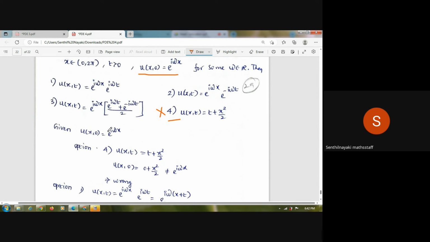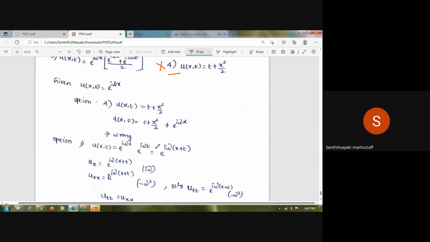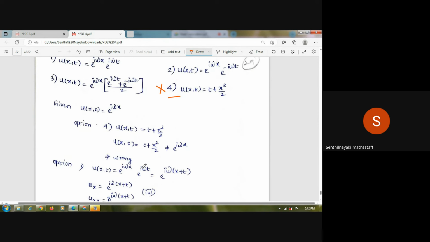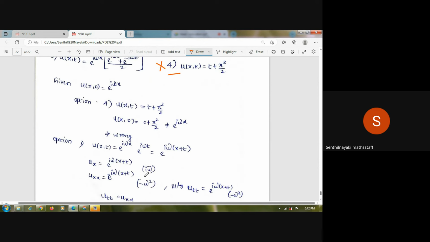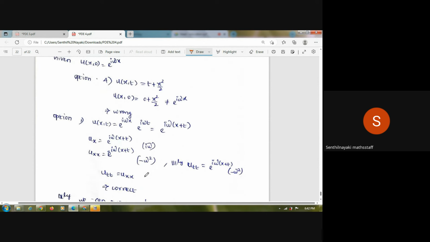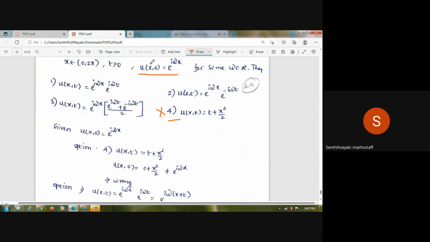In the first option, substitute t equal to 0, then this term becomes 0, e power 0 is 1. So we have e power isx. So u of x comma 0 equals e power isx.